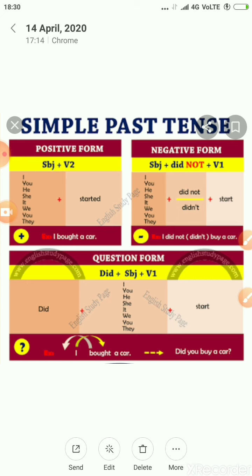See the examples. I bought a car. You wrote a letter. She wrote a novel. I ate a chocolate. You ate a mango. She did this work. I came here. You went there. We tried this.